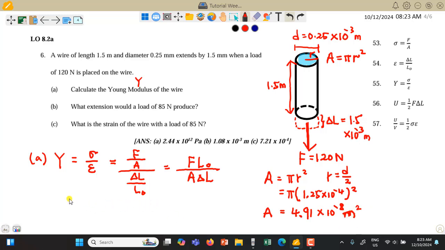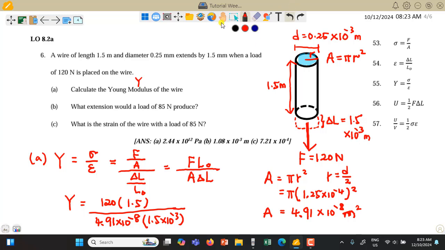Now I put it in here to calculate the Young modulus. The Young modulus will be the force 120 multiplied by the initial length of the wire, 1.5, over the cross-sectional area 4.91 times 10 to the power of negative 8, and the extension of the wire, 1.5 millimeter, times 10 negative 3 meter.